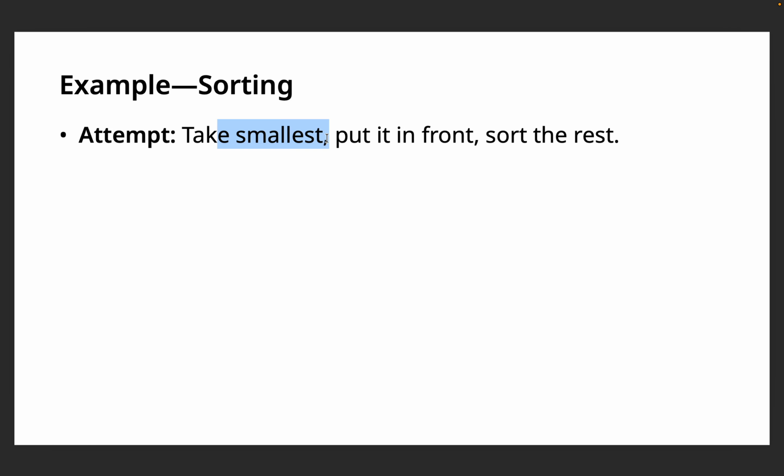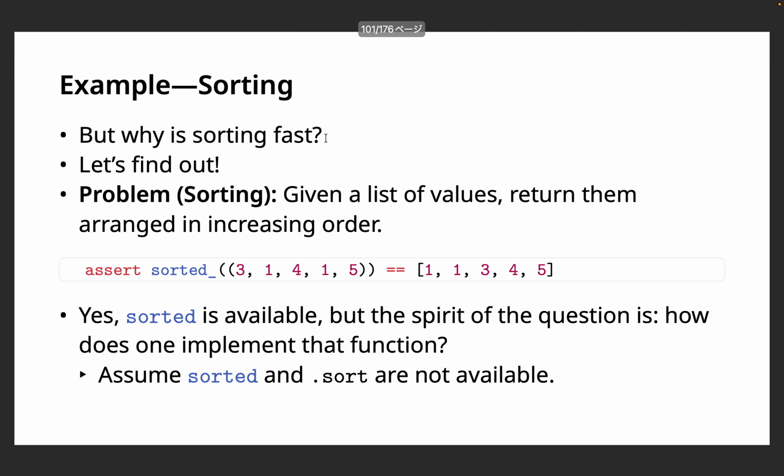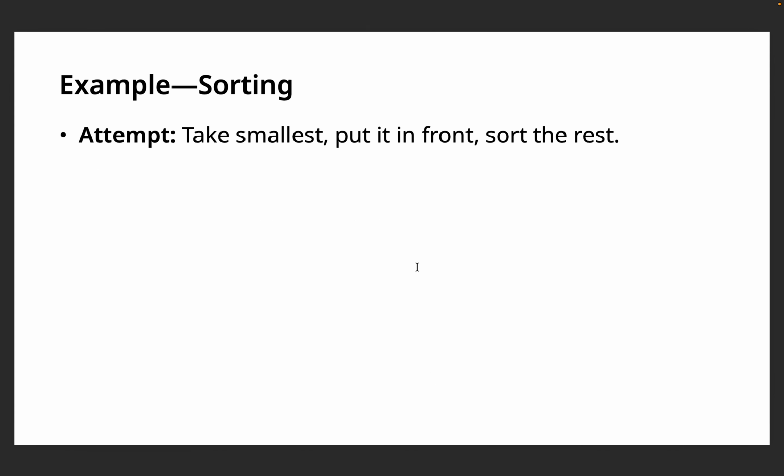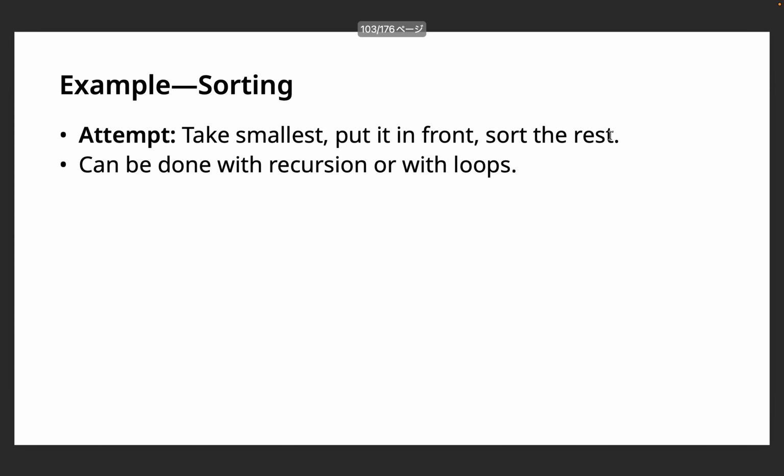Here, that's the smallest element, since you want the smallest element in front. So you take the smallest element and put that in front, and what you do with the rest of the sequence is use wishful thinking to sort the rest. Of course, the most straightforward way to do this is using recursion.